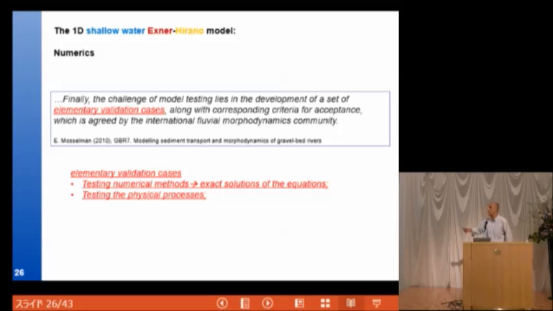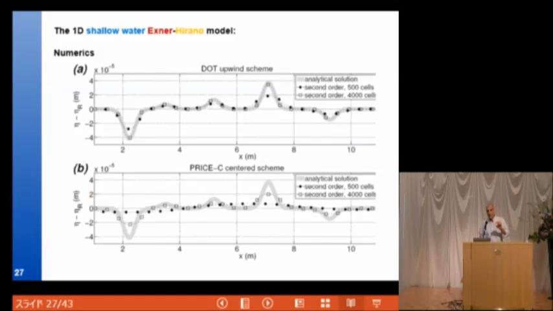First of all, I show this simple example. With this analysis, I didn't give you the details, but I can end up with an exact solution of my equations for small perturbations, which is actually the thick line. If you give a mathematical model to an applied mathematician, he doesn't care about the physics.